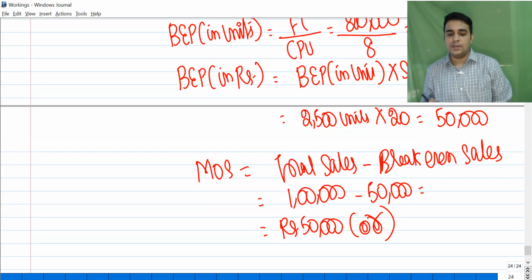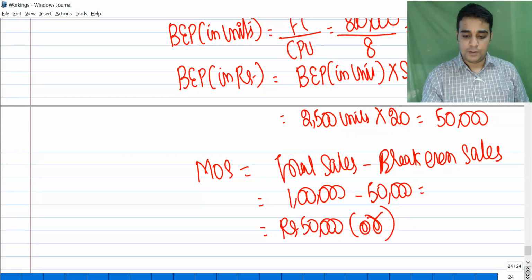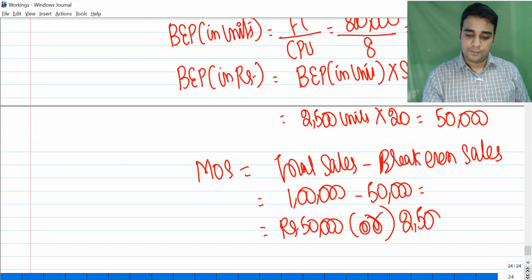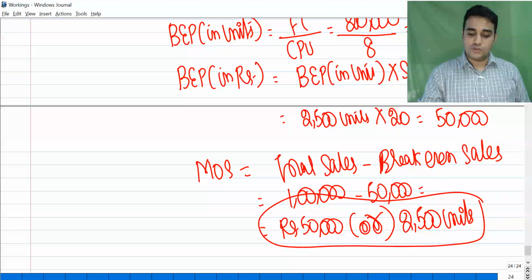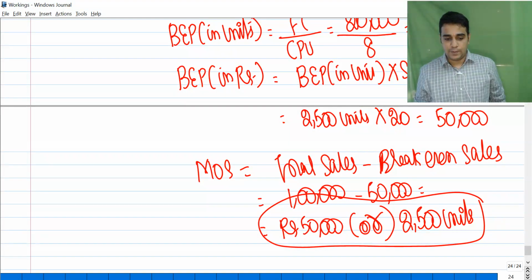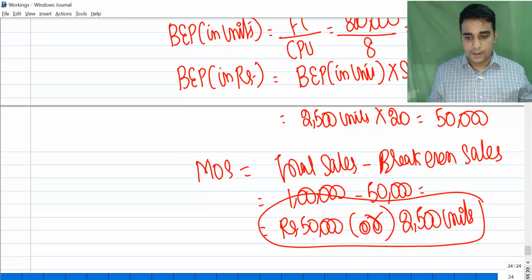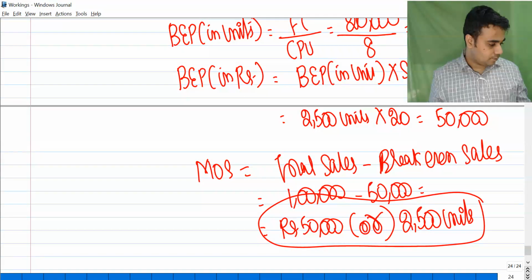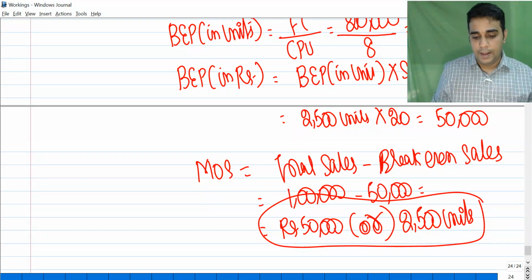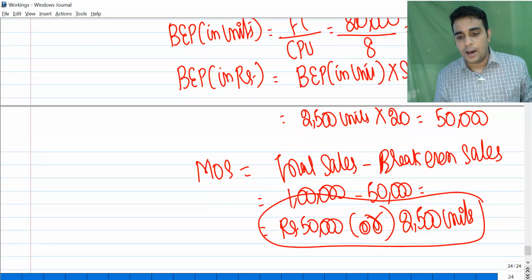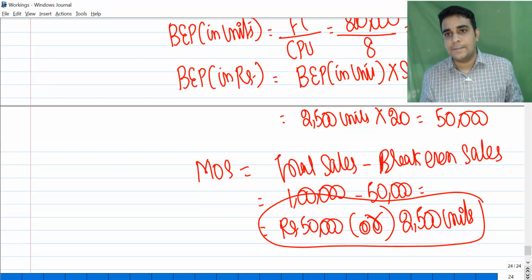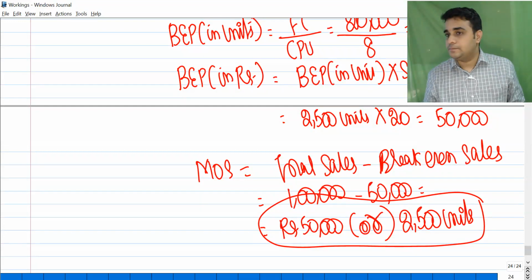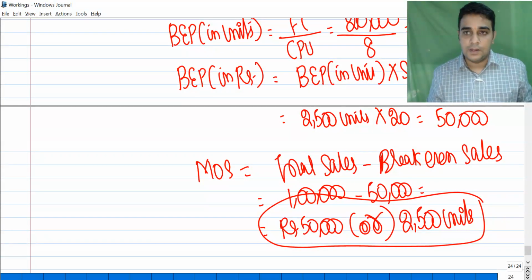Rupees 50,000 divide by 20, 2,500 units. MOS is 50,000 or 2,500 units. Clear?